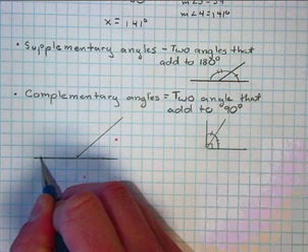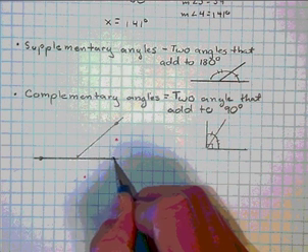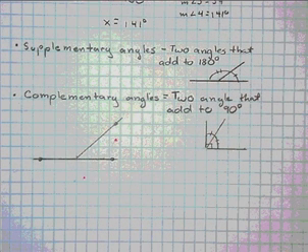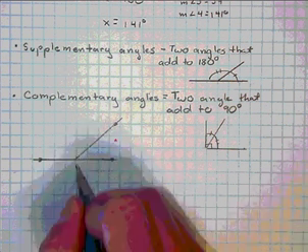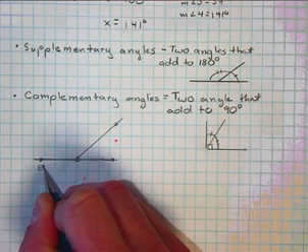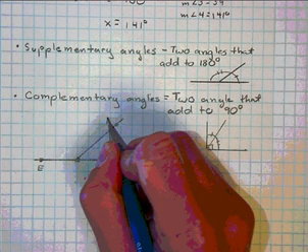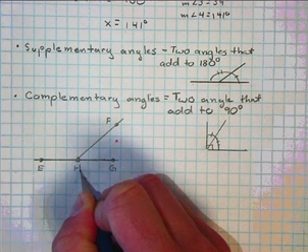And I'm going to label each of our points: E, F, G, and then H, going right around there in a circle.